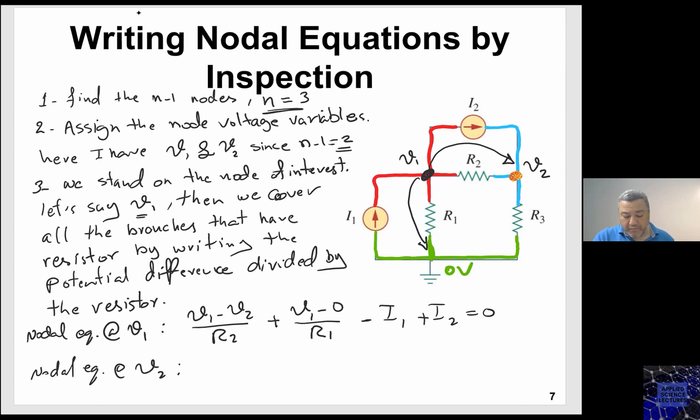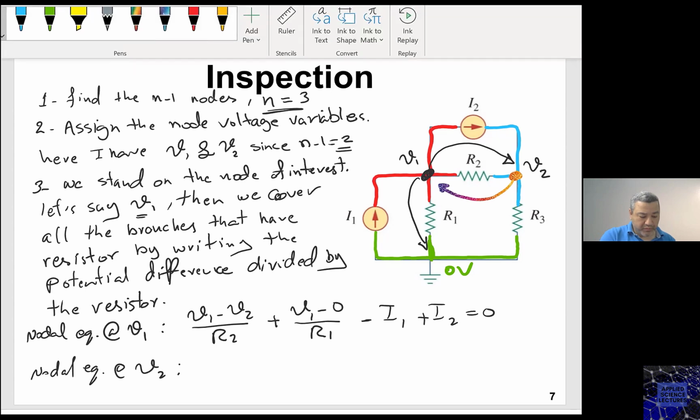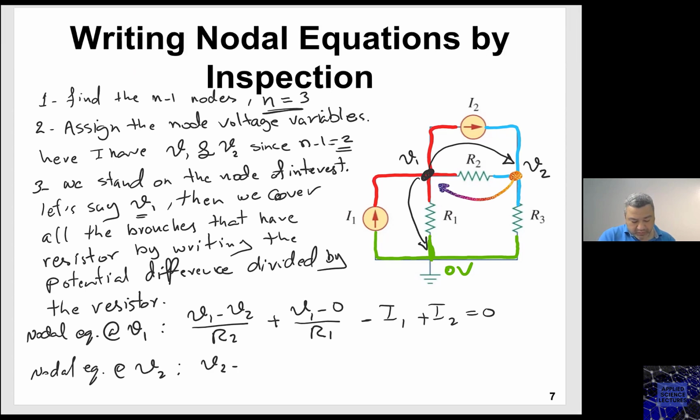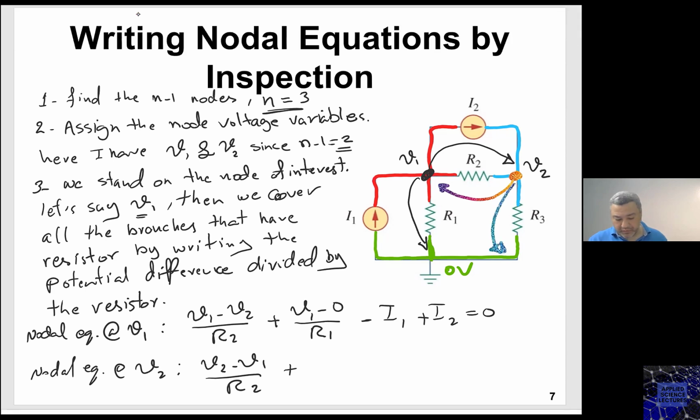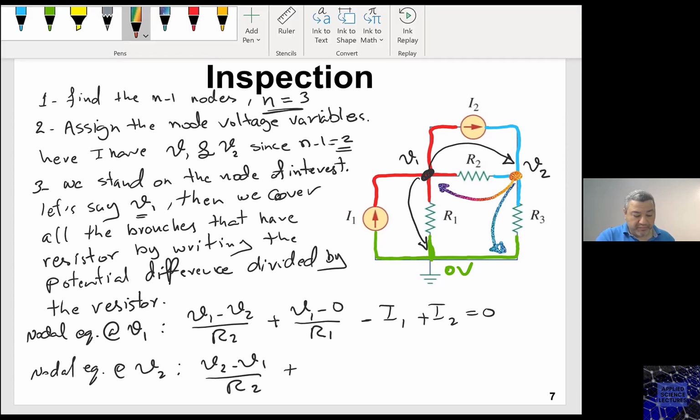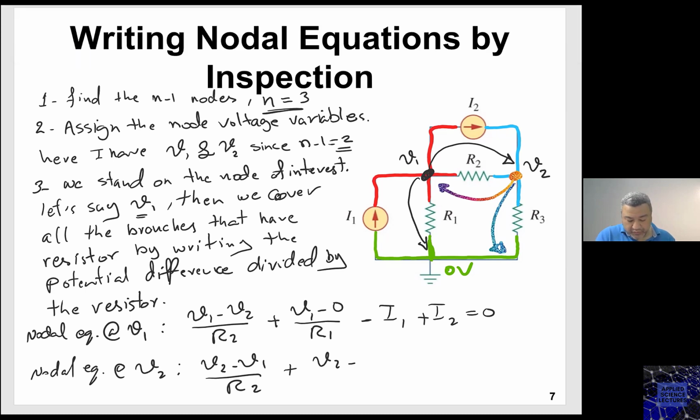So I go V2 minus V1 over R2, plus V2 minus 0 over R3.